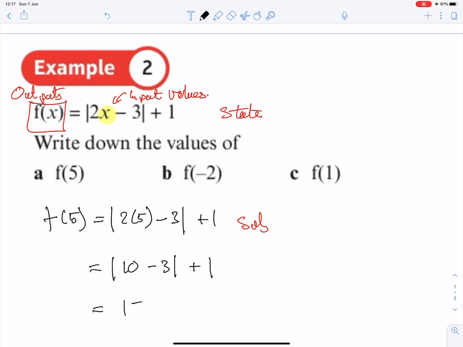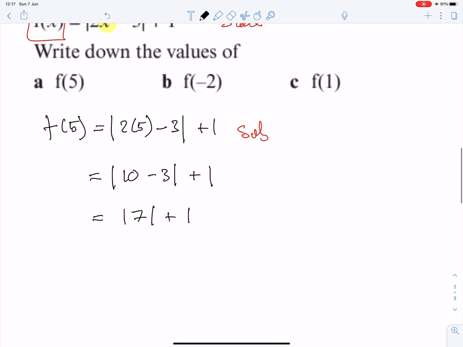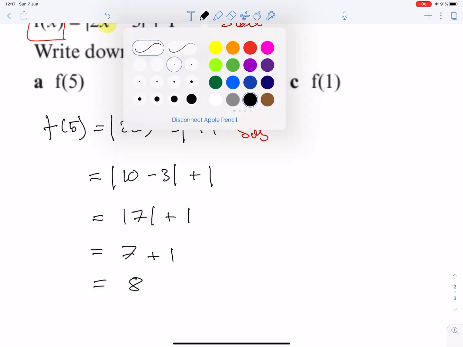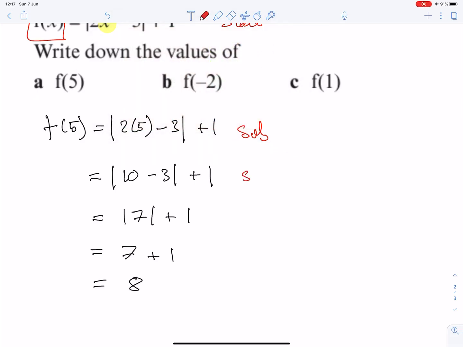So we get the modulus of 7, plus 1. The modulus of 7 is already positive, so the modulus sign is making no difference. So we get 7 plus 1 equals 8. So we've got that state, sub, solve structure.